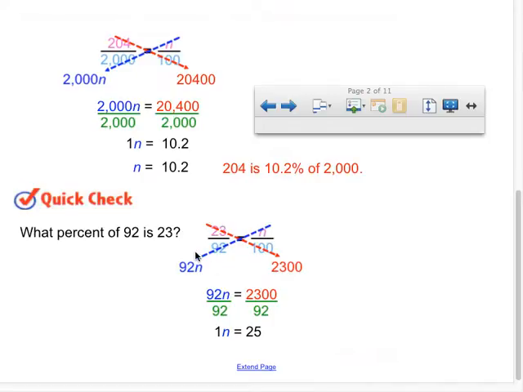That's 1/4, right? And 1/4 equals something over 100. What's a fourth of 100? 25. Okay? So n equals 25. 23 is 25% of 92. Okay, we good? All right, moving along.